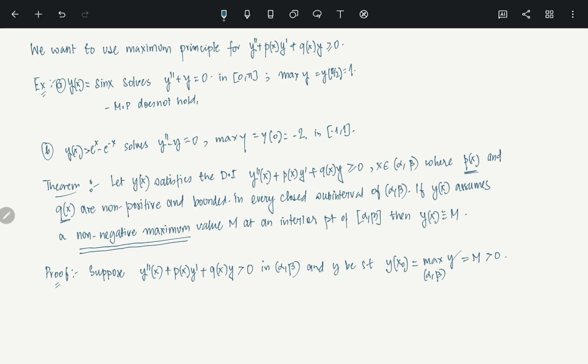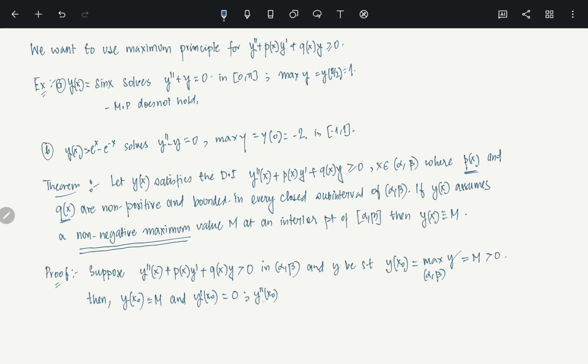Then y at the point x naught is capital M, and y prime at x naught is 0, because this is a maximum, a critical point. What happens to y double prime at x naught?